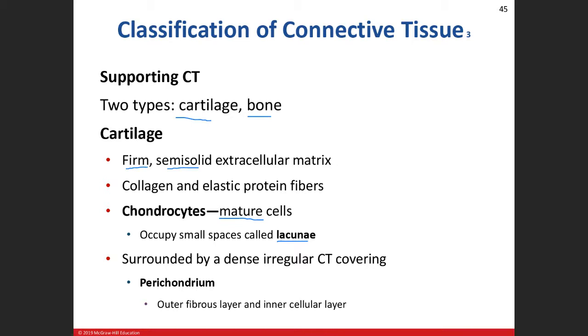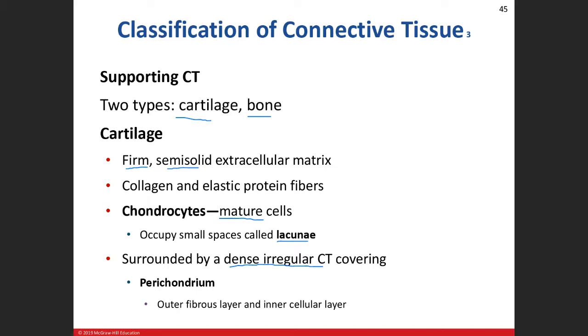So what we're going to see when we're talking about cartilage is that, similar to bone, cartilage has a covering to it. 2 out of the 3 cartilage types have a covering. That covering is called the perichondrium, and it's made up of that dense, irregular connective tissue. We'll get into it in more detail when we get into chapter 7, which is the skeleton, and we talk about cartilage and bones.